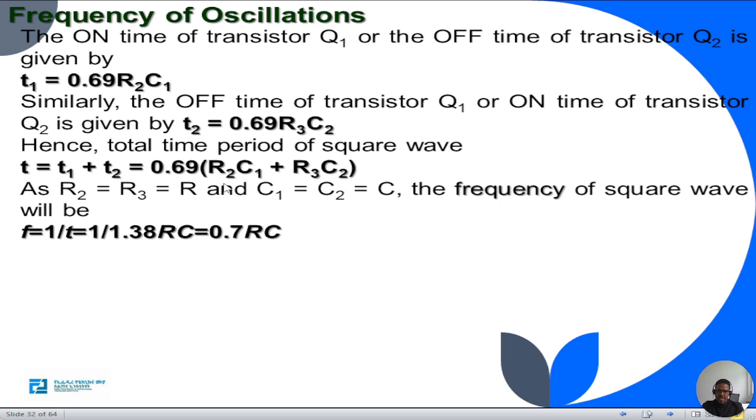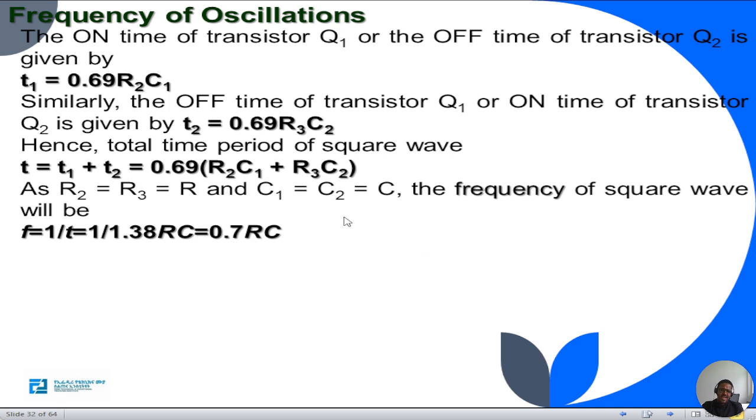For example, if R2 and R3 equal R, and C1 and C2 equal C, the frequency of the square wave becomes 1 over the period. So this is how to get the frequency of an astable multivibrator: the period is 1.4 RC, so the frequency is 0.7 over RC.